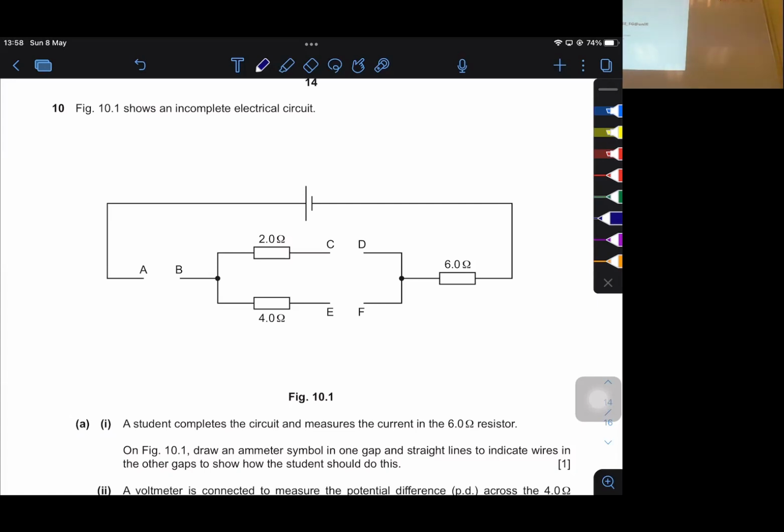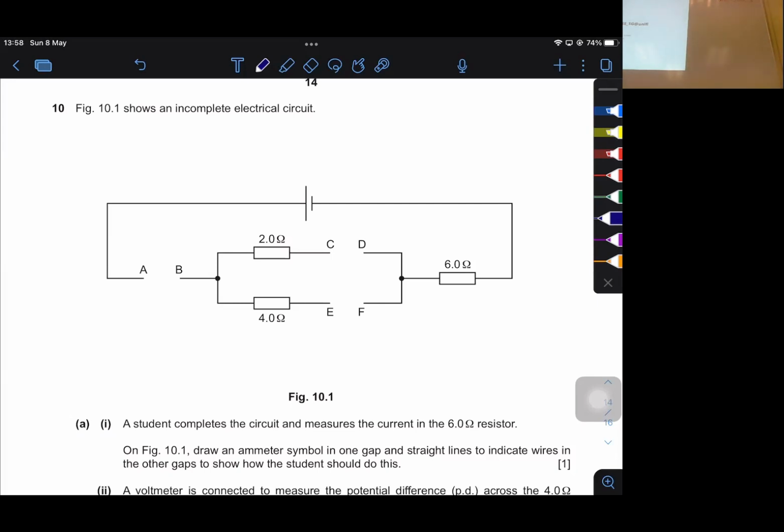Double is double. Are you sure that's how it works? When you double the resistance, you're telling me you'll double the current as well? This current is in this line, so this line plus this line will be this current.